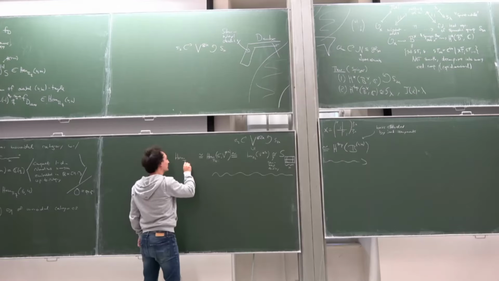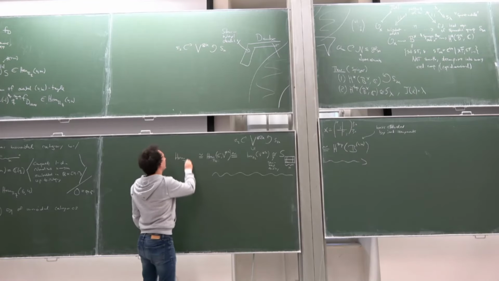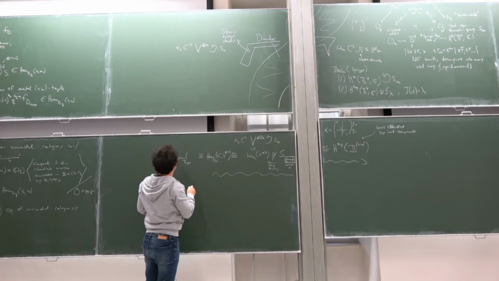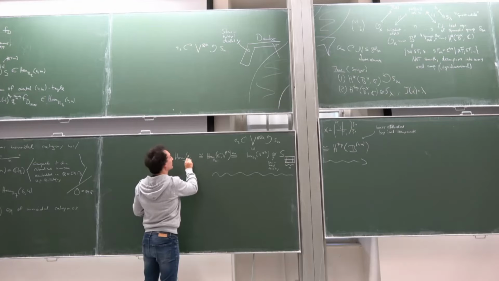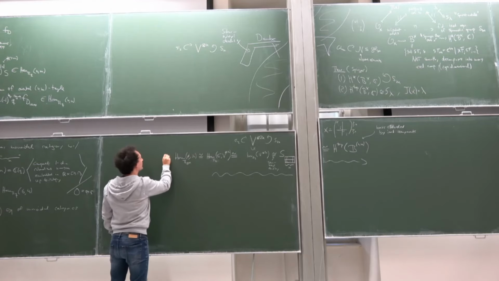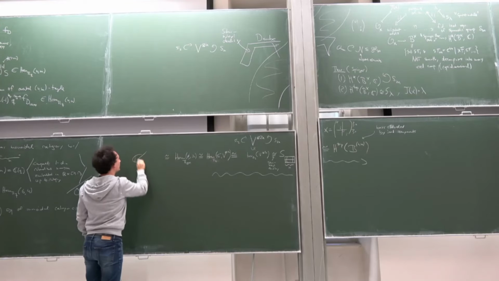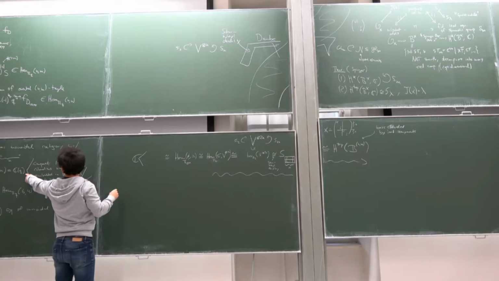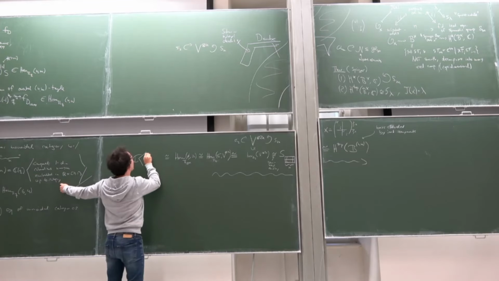So now I'm going to go to TL_q. This is just the C-span of all what I'm going to call cup diagrams.